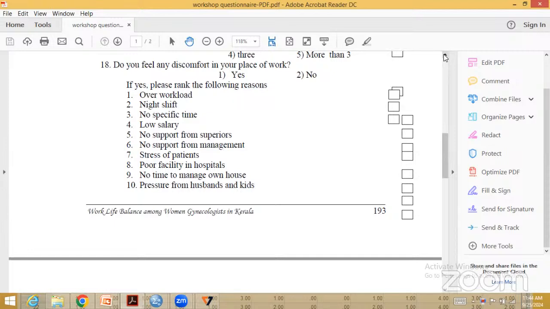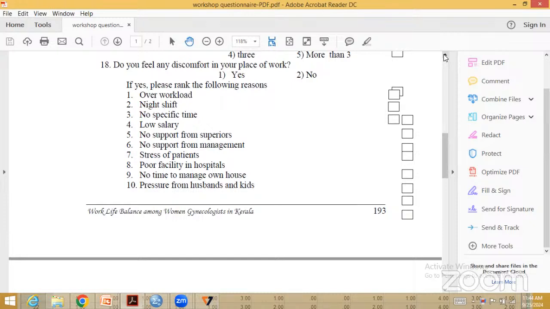Whenever the respondents are asked to rank certain variables, the scale is ordinal ranking. Then I want to identify the most dominant variable, the supreme variable, which creates discomfort from among 12 variables, 12 answers.